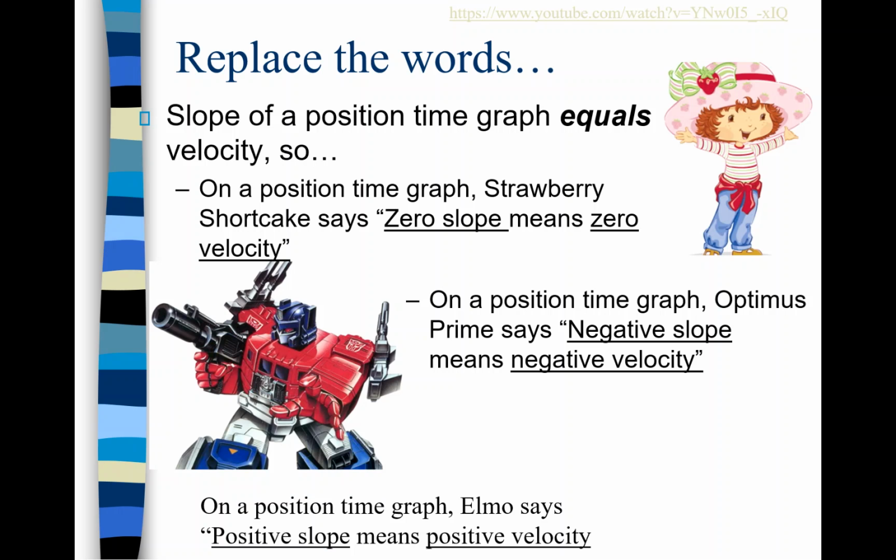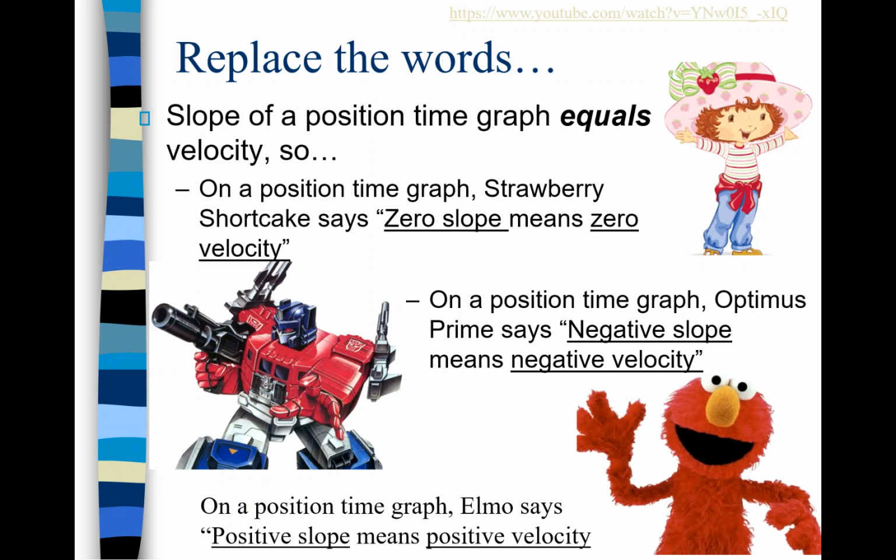And then finally, Elmo. On a position time graph, Elmo says positive slope means positive velocity. So these are just silly little things. If we use these voices, that will really help us remember about the 0 slope, negative slope, and positive slope.